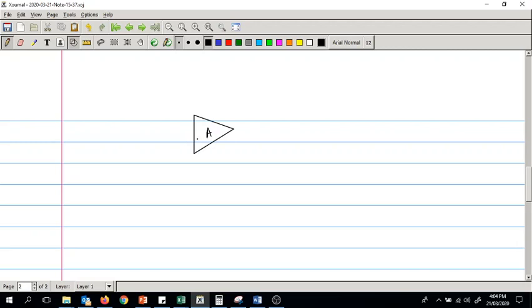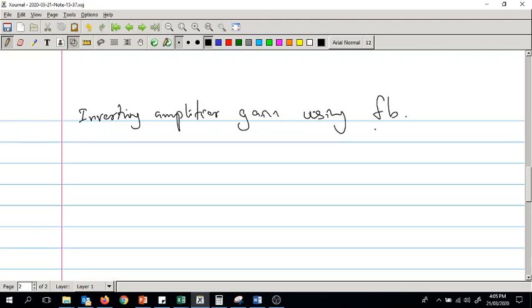This is for the inverting amplifier. So let's label this: inverting amplifier gain using feedback.